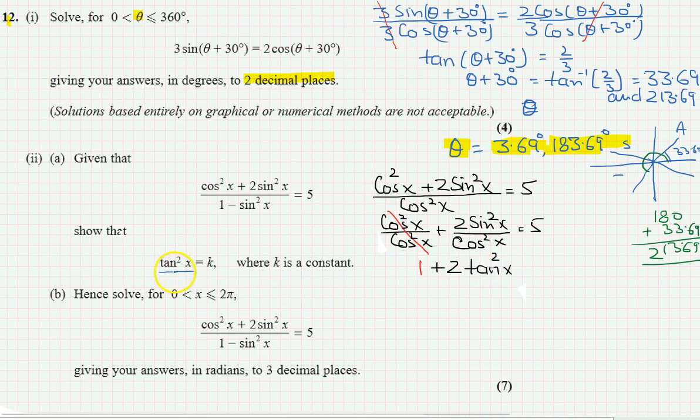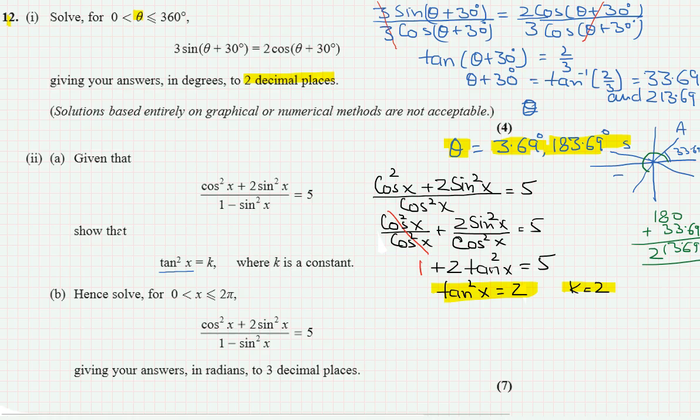Because we have to prove tan square x, that's why we are trying to get it. So 1 plus 2 tan square x is equal to 5. So tan square x is 5 minus 1 is 4 divided by 2 is 2. So that's the answer. So k is equal to 2. That is what we were supposed to prove.